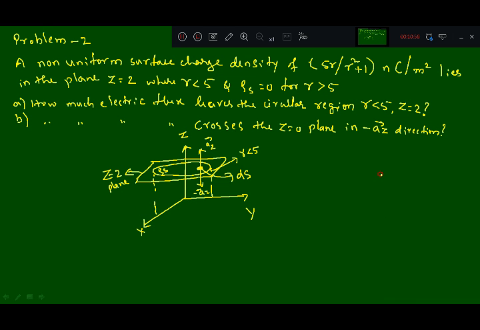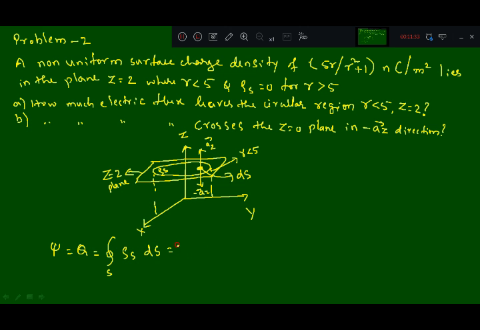So first we need to calculate the phi value. So what is phi? First we need to calculate flux leaving the charge enclosed according to Gauss law. That is, first I will find phi. This is equal to charge, which is the surface integral over S of rho s into ds.